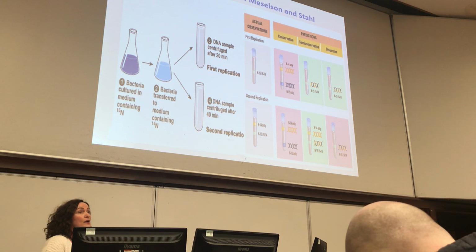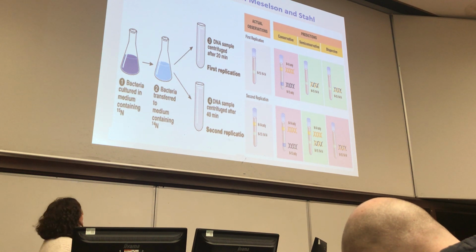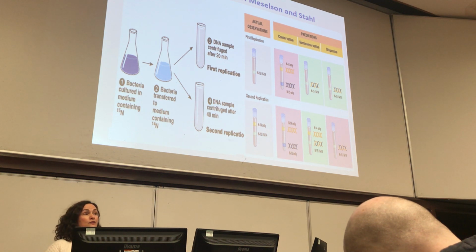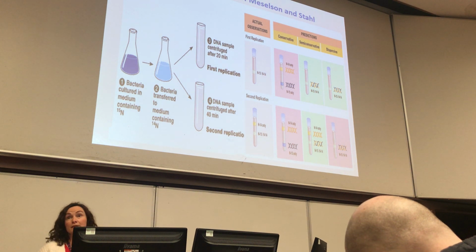When solutions are quite dense, they would sediment to the bottom of the test tube. Light solutions or samples would centrifuge closer to the top, and then obviously intermediate density would be in the middle.